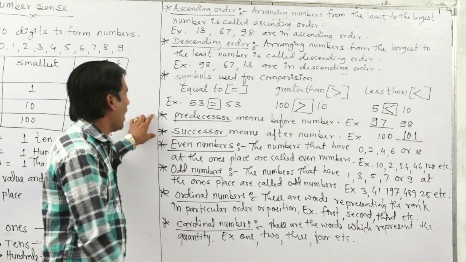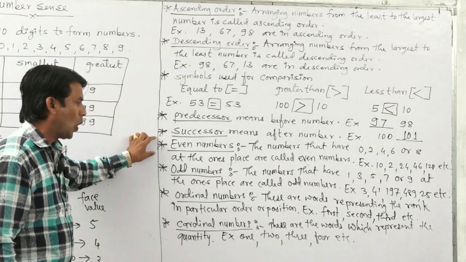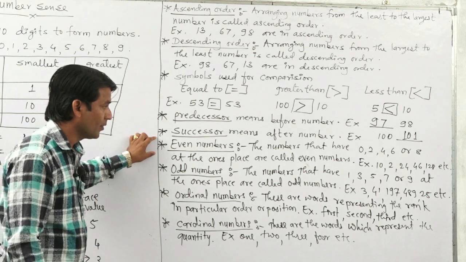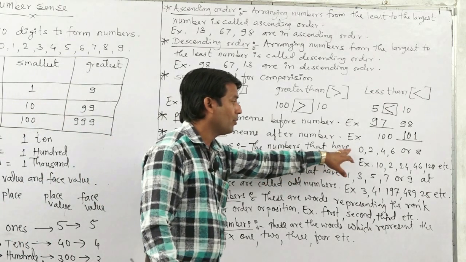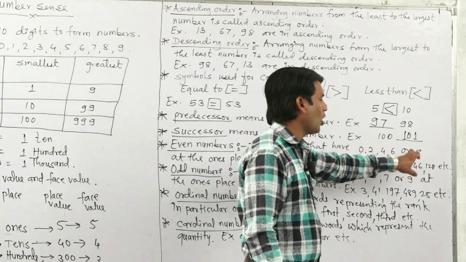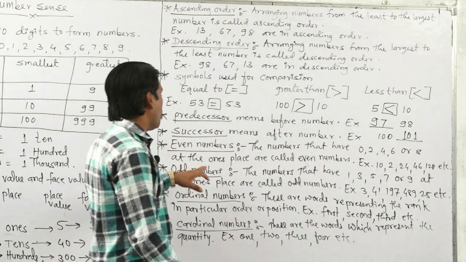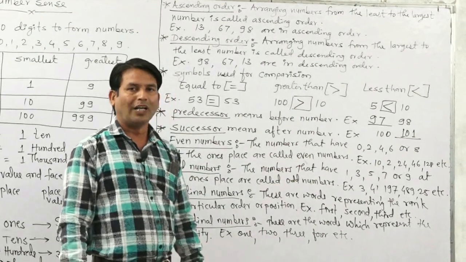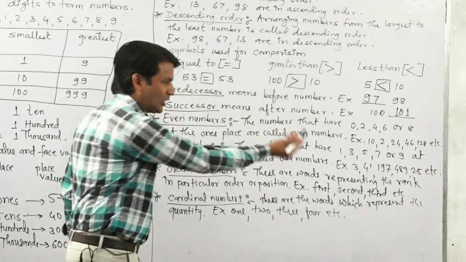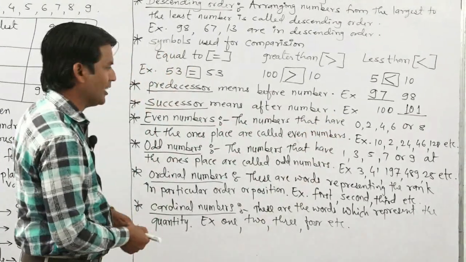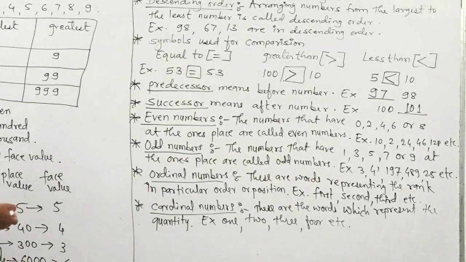After that we will turn towards even numbers. What is meant by even numbers? The numbers that have 0, 2, 4, 6 or 8 at the ones place are known as even numbers.